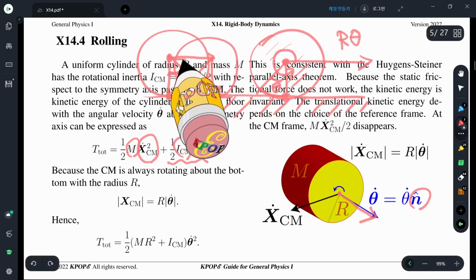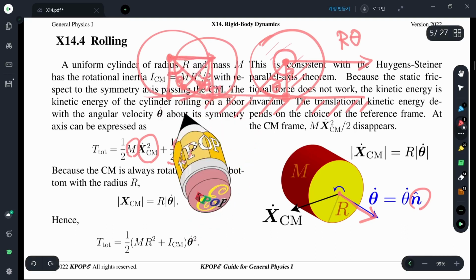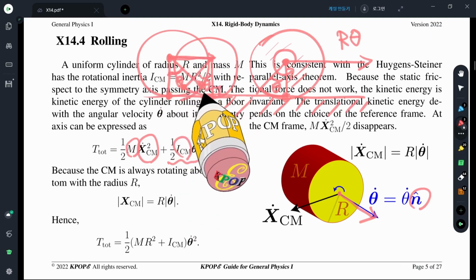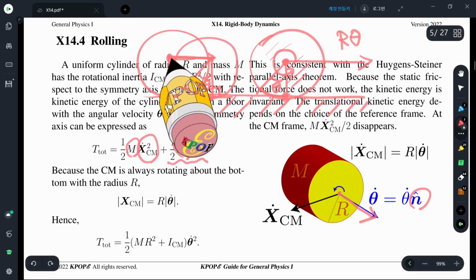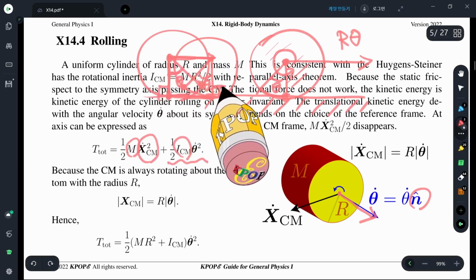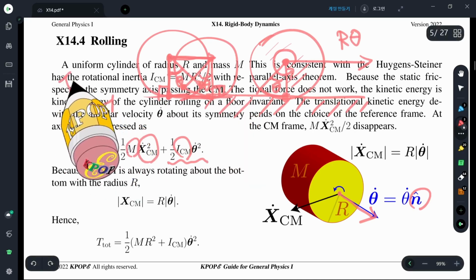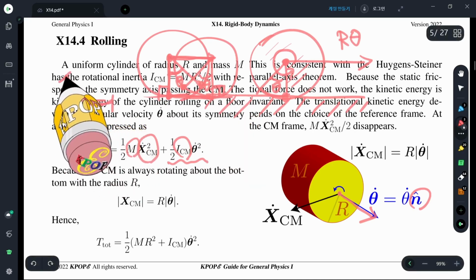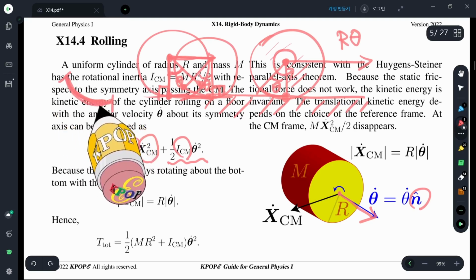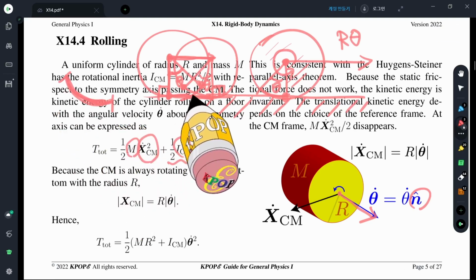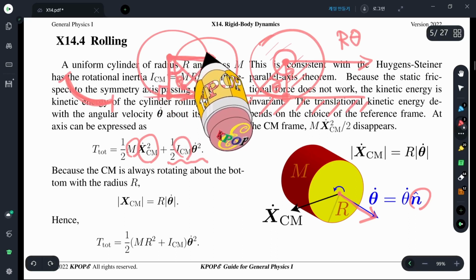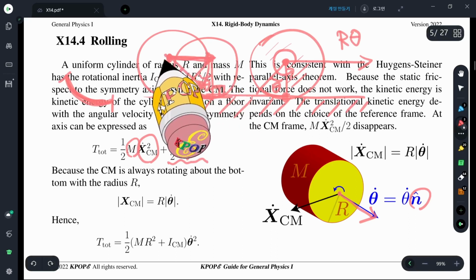And this length should be the same as this length because they are always making a right angle. Therefore, this arc length should be the same as the translational distance of the center of mass.